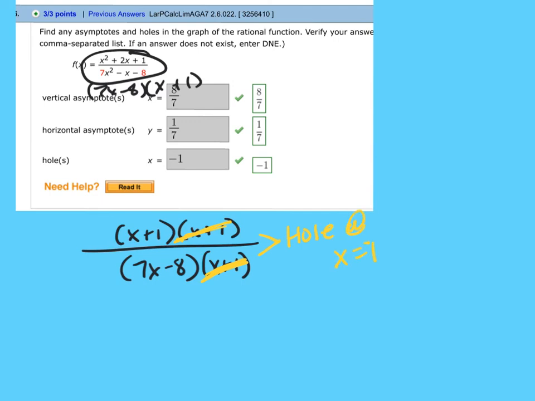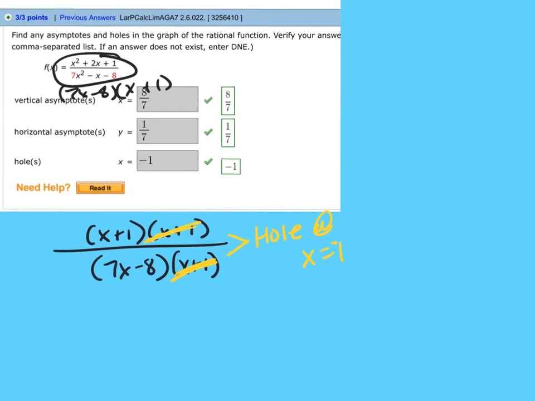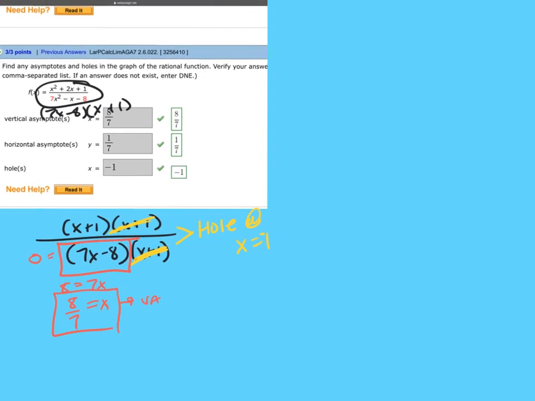At x = -1. Now your vertical asymptote is reduced to just this one. 7x would equal 8, x would equal 8 over 7. There's my vertical asymptote. The horizontal asymptote comes from my reduced function. So once I get that hole, I'm done with my initial function.